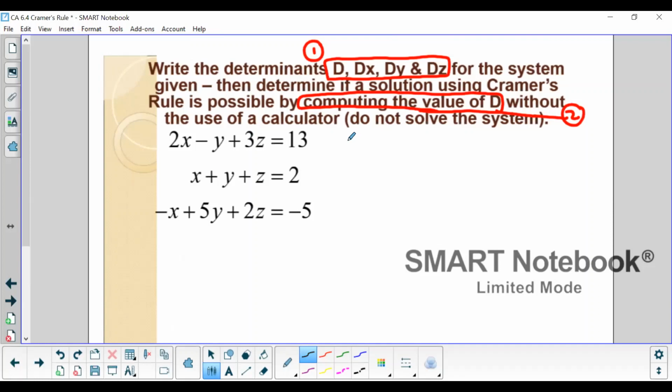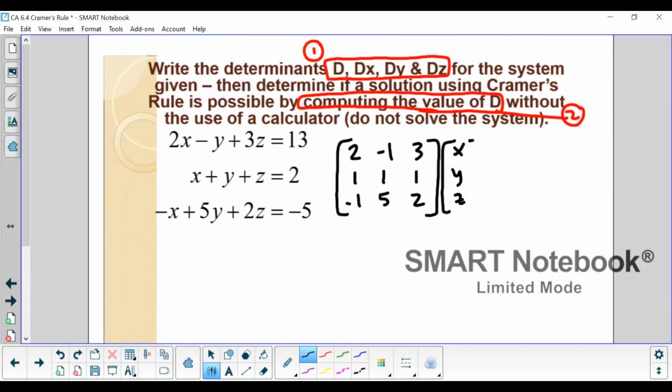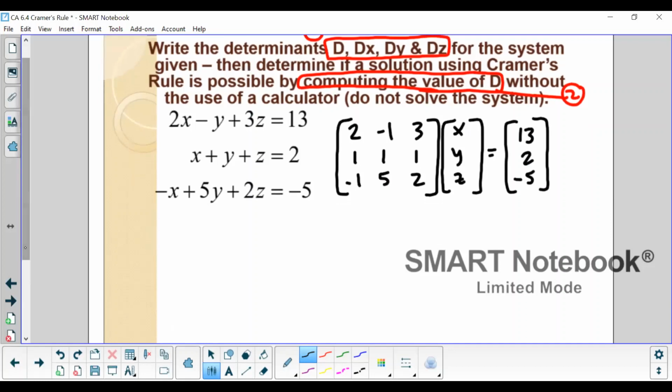So you do yours and I'll do mine, and then we'll compare. All right, so there's my matrix forms.